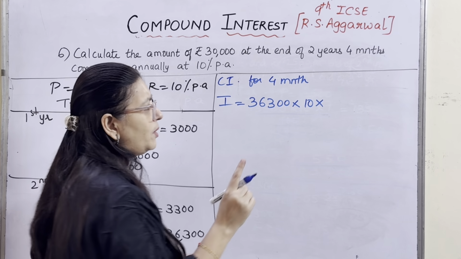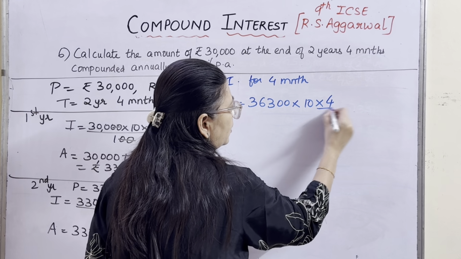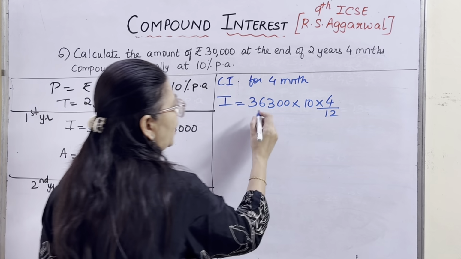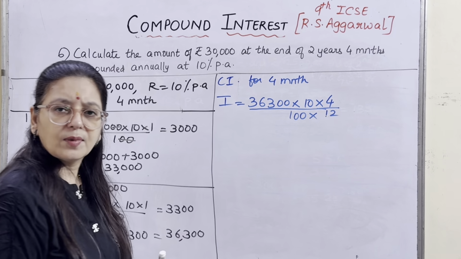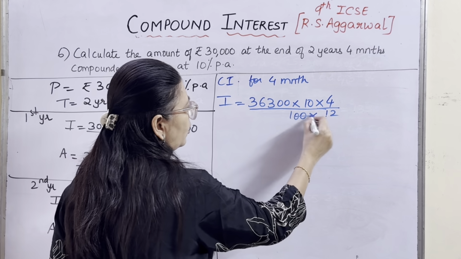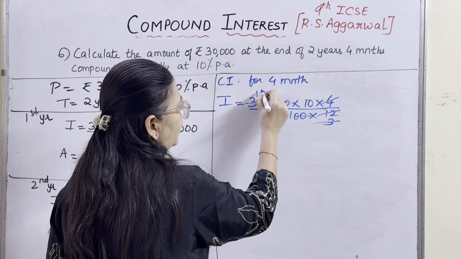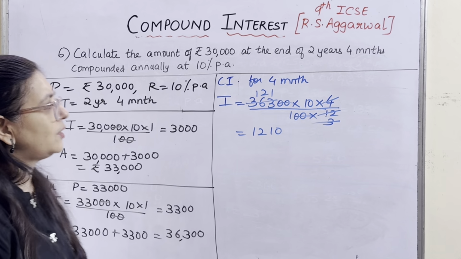Always it is on a yearly basis. How do you write 4 months? So it is 4 upon 12. Correct? This is how you write it. Now upon 100 is also there. So 100 into this. Is it clear? So 2 zeros cut. 4 3s are 12, 3 1 2 1. So it is 1,210, the interest.